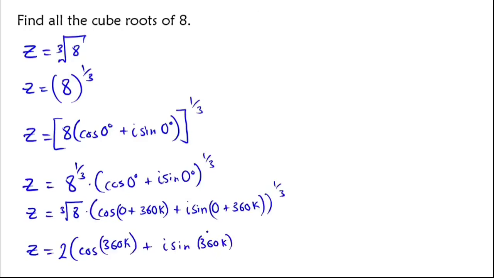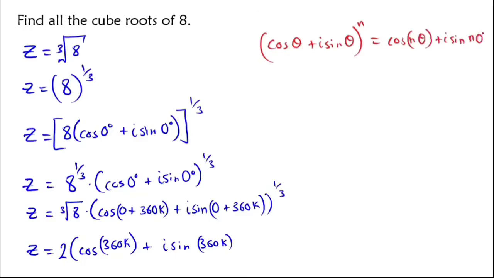Now at this stage I'm going to use De Moivre's theorem, which states that if I have the polar form of a complex number, that is cos theta plus i sine theta raised to the power n, then this can be written as cos n theta plus i sine n theta, like this.